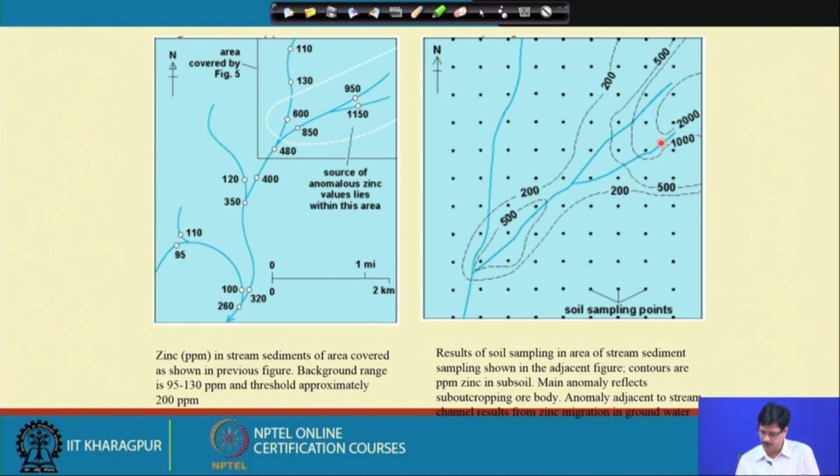These are the contours, and after we do the analysis, the analytical result can be represented in the form of a geochemical anomaly map, joining the points of equal values to form such contours. You can see very clearly here that the ore body lying in this particular region has contour values increasing 200, 500, 1000 and 2000. There are several such profiles which are compiled together.